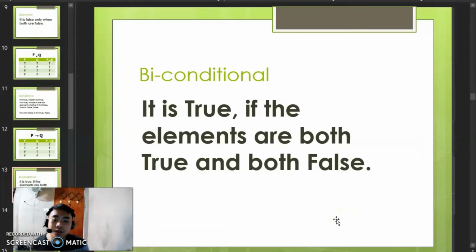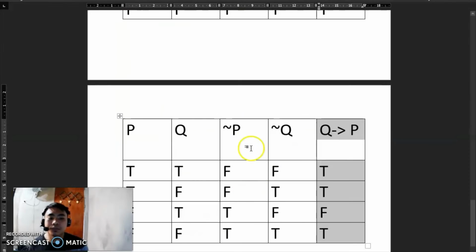Next, and the last one in the logical connectives is biconditional. It is true if elements are both true and both false. So, ibig sabihin, kapag parehas false at parehas true, ibig sabihin siya ay biconditional. Ang magiging elements nila ay true. Parehas true at parehas false. Let's have an example po.